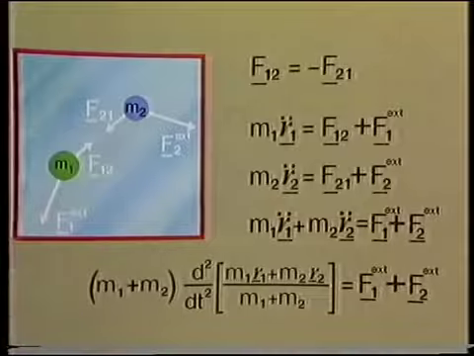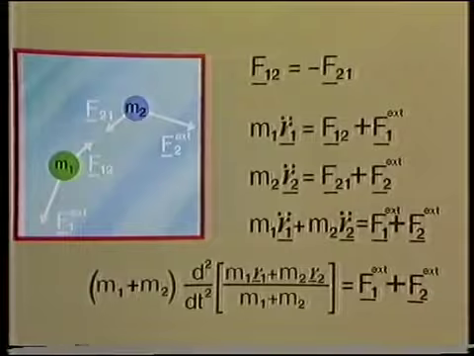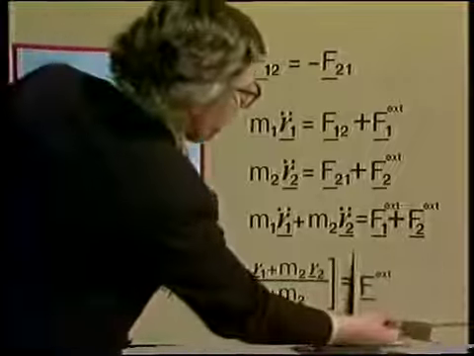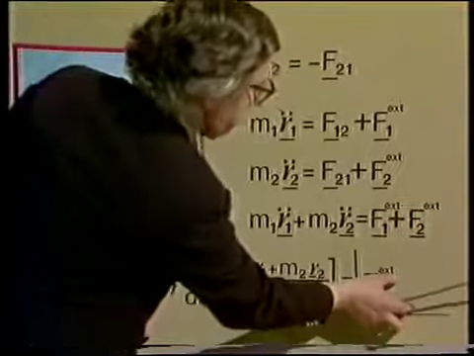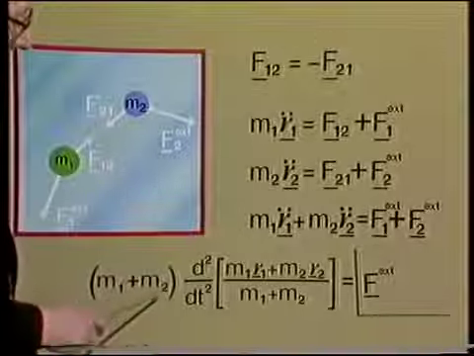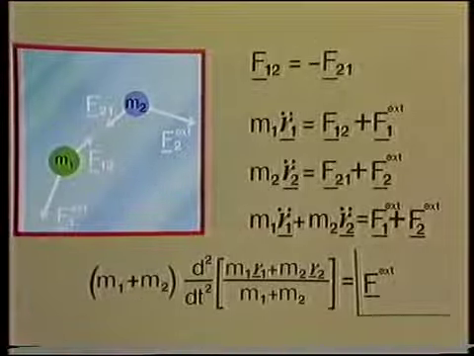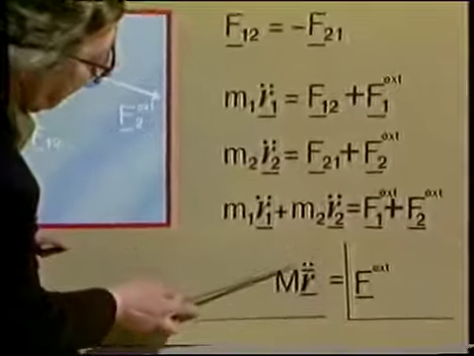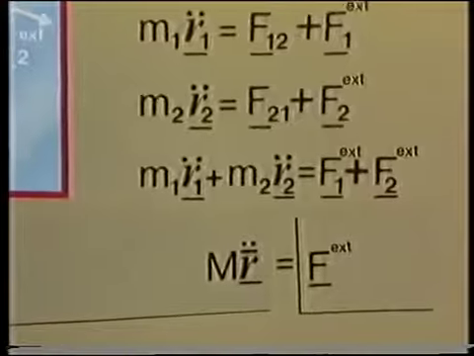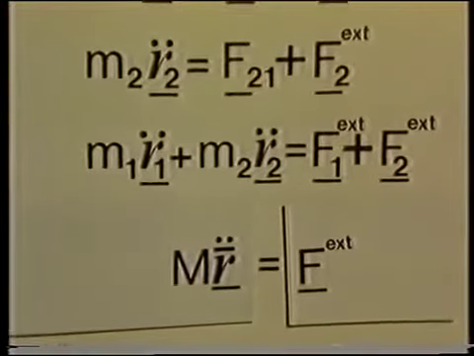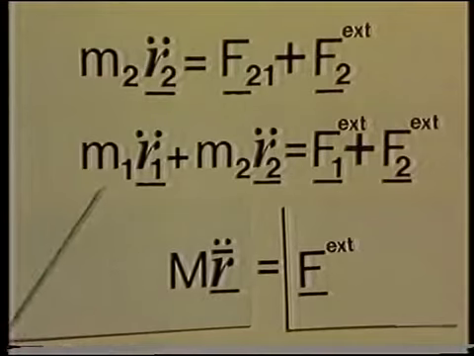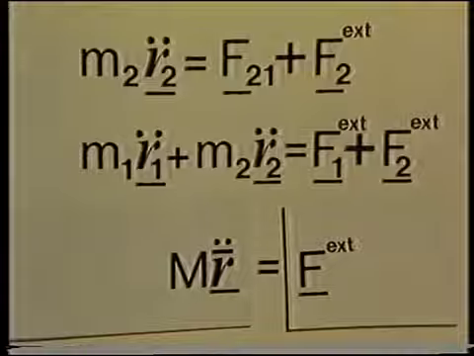So that equation can now be written: the right-hand side is just the total external force acting, and here I have the total mass times the acceleration of the center of mass, M r bar double dot. And so we see that the center of mass obeys a sort of Newton's second law with only the external forces on the right-hand side.